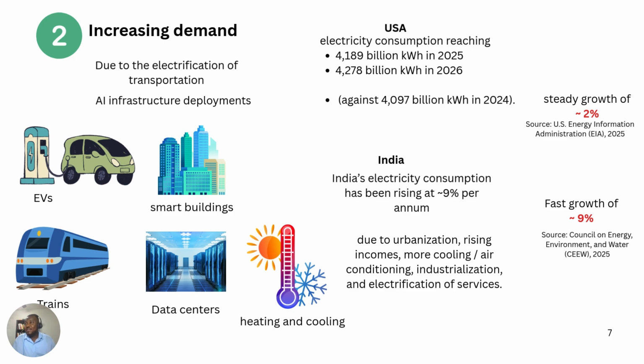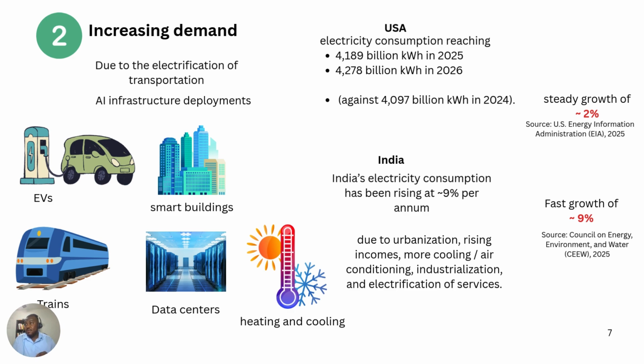In the USA, there's a huge, not as huge as other countries, because US demand is increasing very steadily, like almost 2% every year. So you can see some numbers here I got from the US Energy Information Administration. This is the most reliable source in the US. You can see the numbers, nearly 2%.